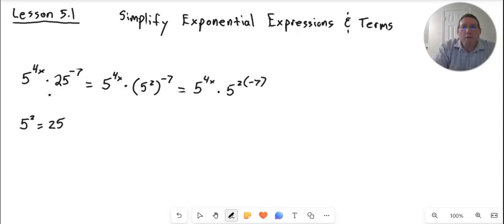Now, you don't have to do all these steps. I'm doing all these steps to help you understand, but you can skip steps if you want to, okay? And so now this becomes 5 to the power of 4x times 5 to the power of 2 times negative 7, which is negative 14, and now our final answer is 5 to the power of 4x minus 14.